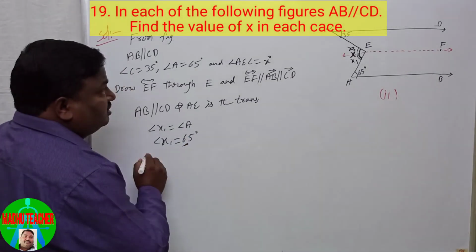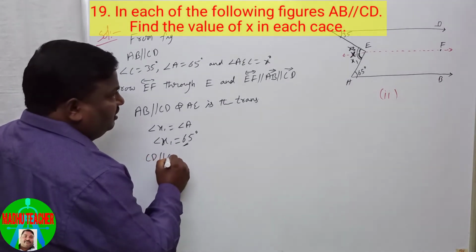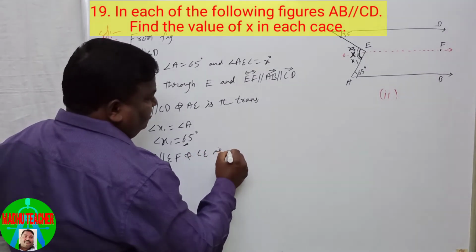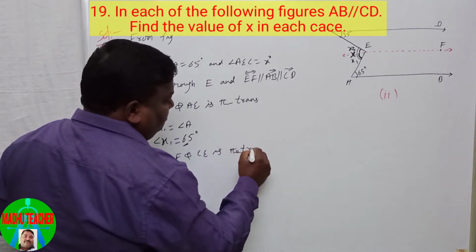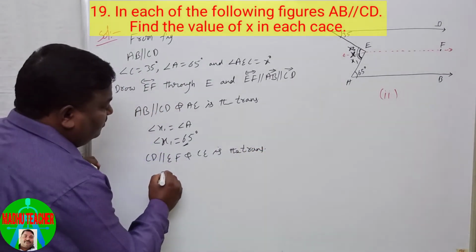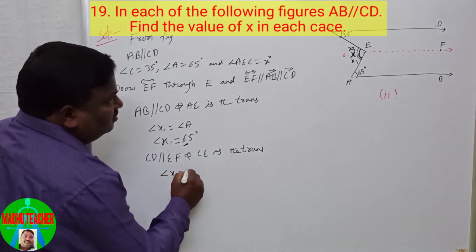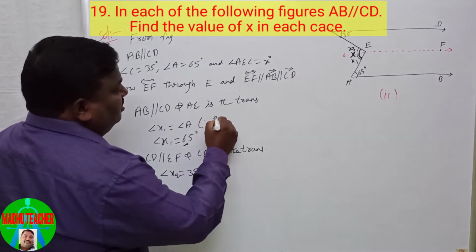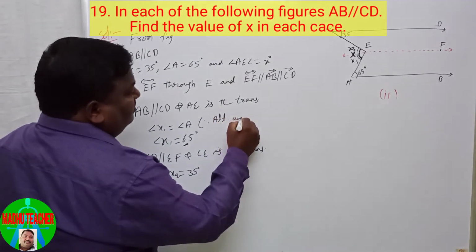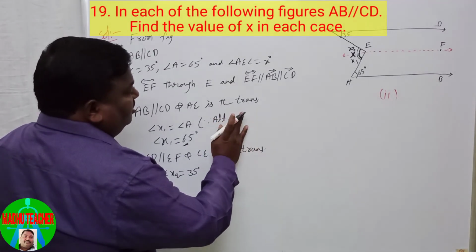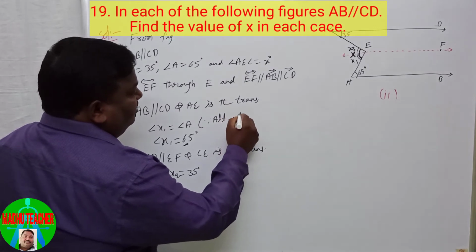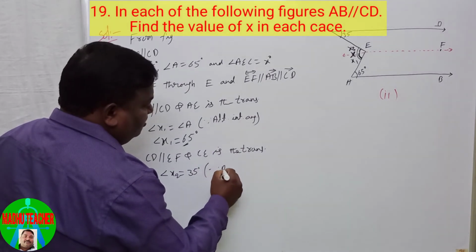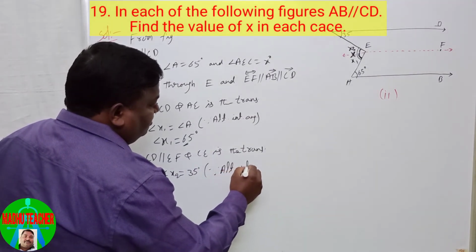Next, the second one. Next one is CD parallel to EF and CE is the transversal. Therefore, angle x2 equal to 35 degrees, since here also these two are alternate interior angles.